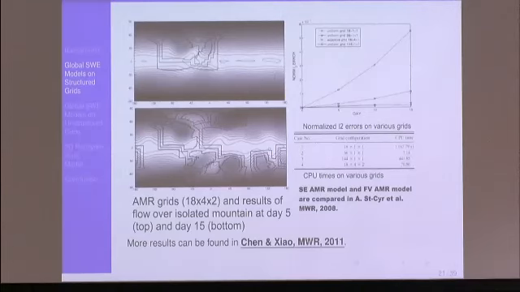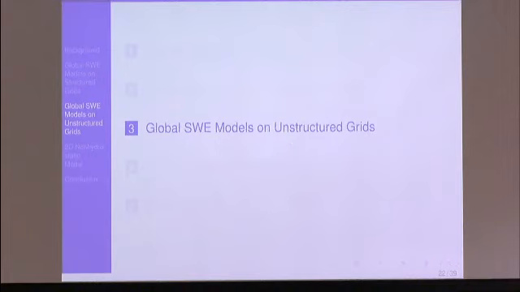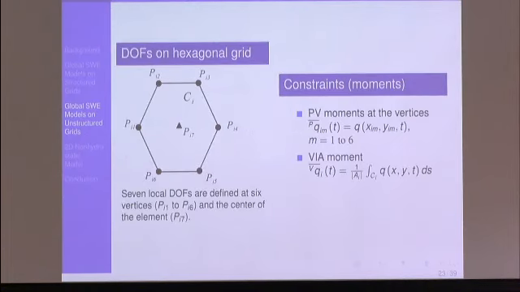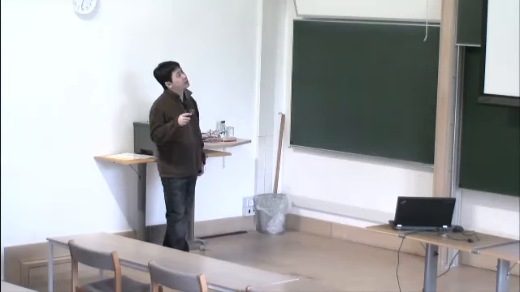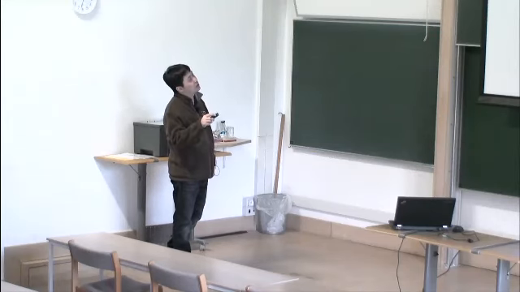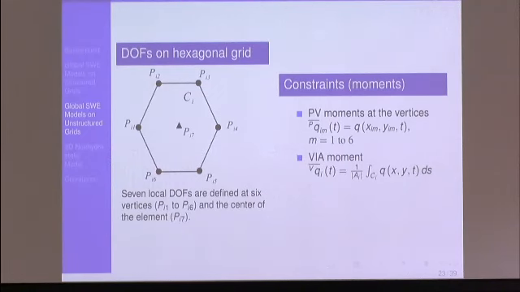Okay, those are some results from the adaptive model. Next, I would like to introduce the global shallow water models on unstructured grids. I use this planar hexagonal element to introduce our numerical formulations.